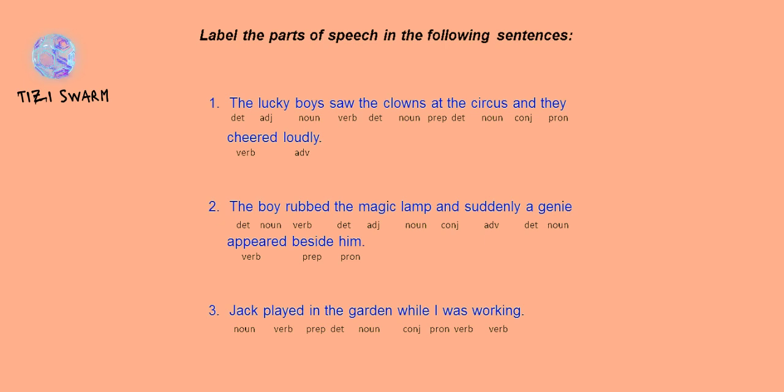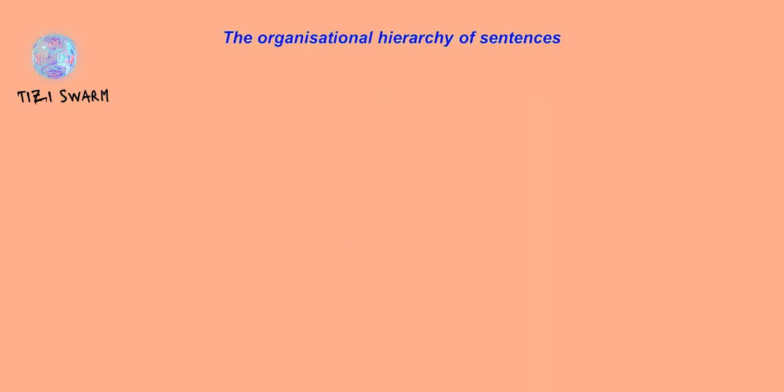We're going to move on now to look at how sentences are structured, how we can break down sentences into different levels. So that's known as the organisational hierarchy of sentences.